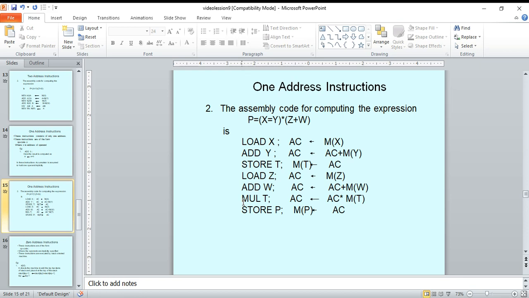The assembly code for computing the expression is x equal to y into z plus w.